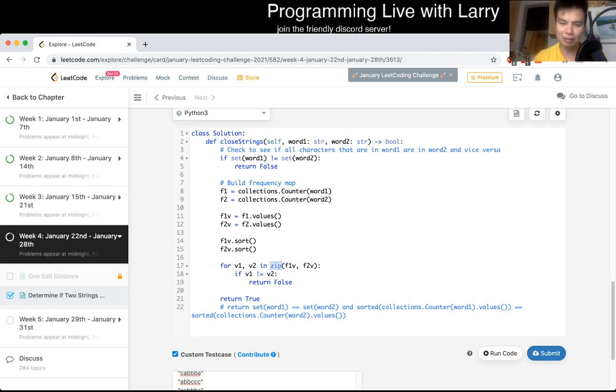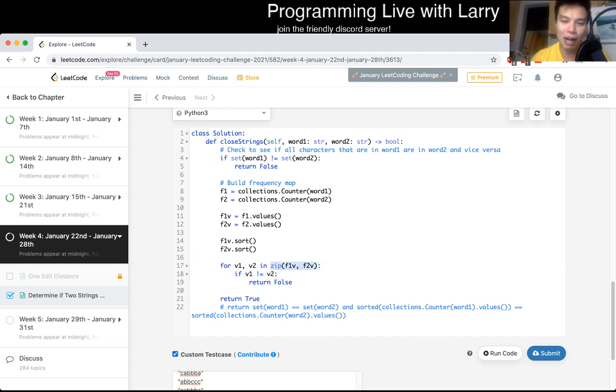And because they're already sorted, it's basically the two pointers algorithm: okay, is the first character the same, is the first frequency the same, and so forth, and walk it. Otherwise, it returns true. You may think that this only works if the frequency maps are the same length, which is true.